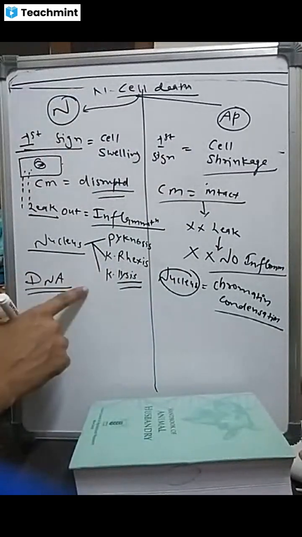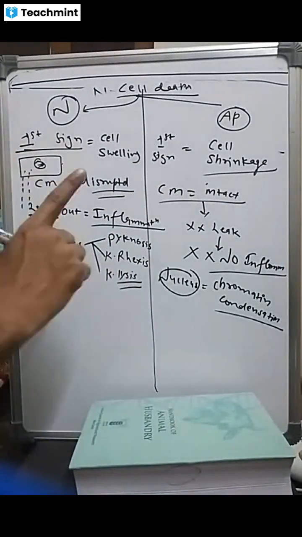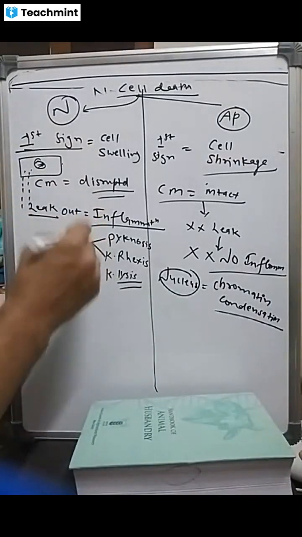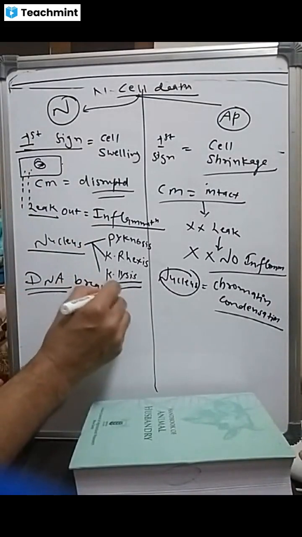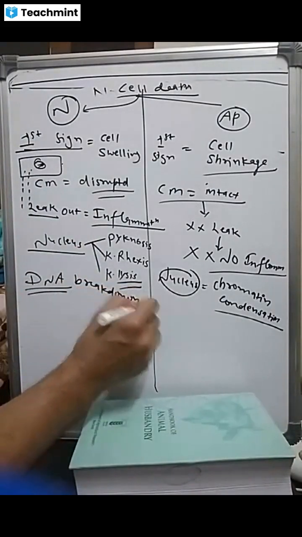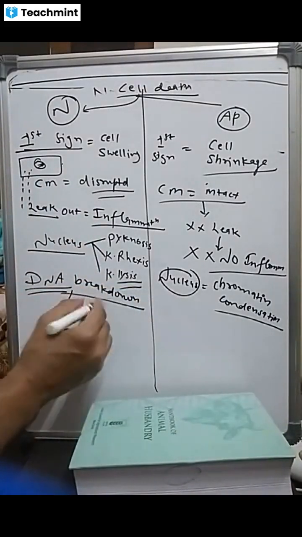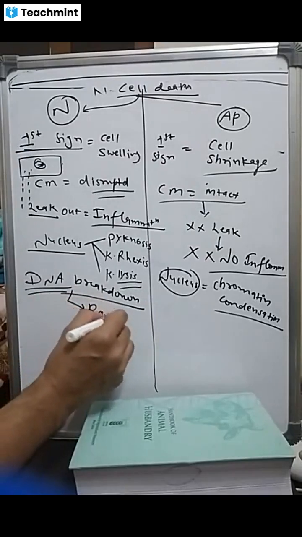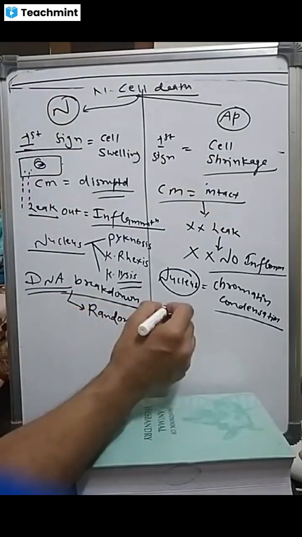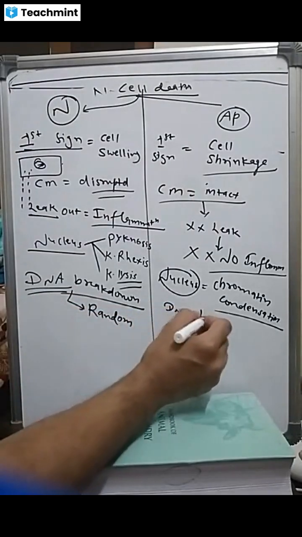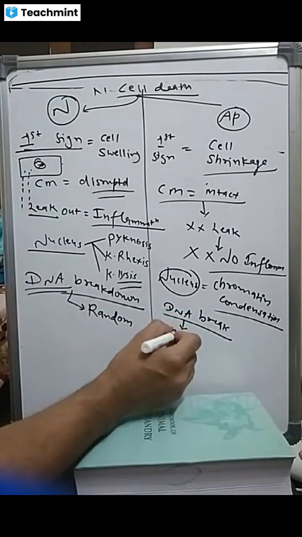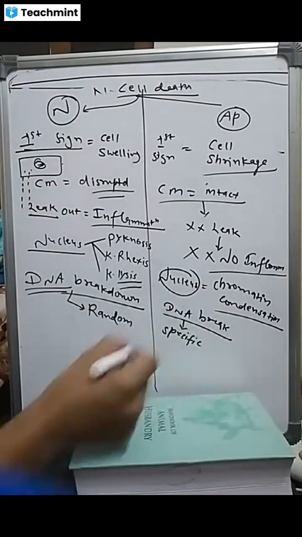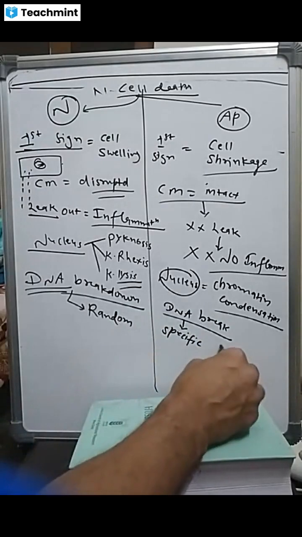If we look at the DNA, in necrosis the DNA breakdown is random, at any place. But in apoptosis, DNA breakdown is not random, it is specific. Specific means at what position?